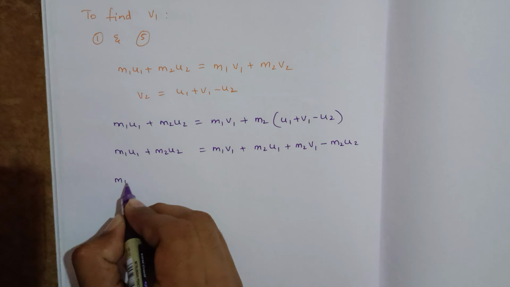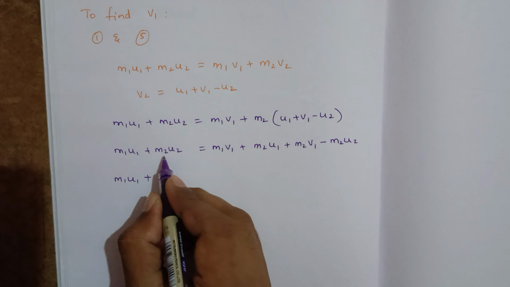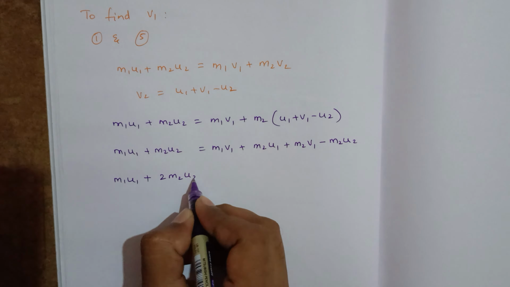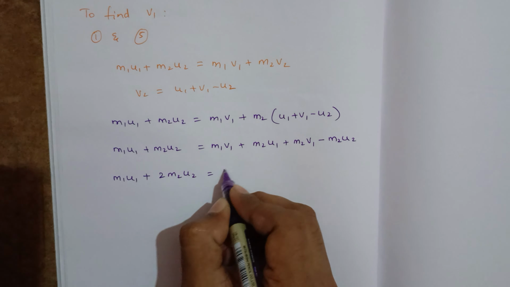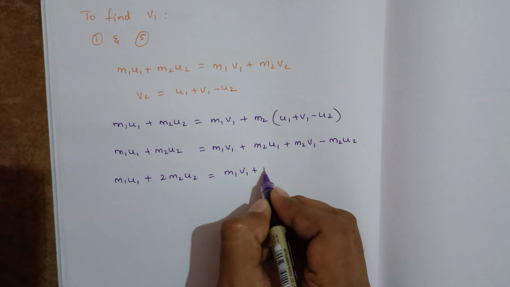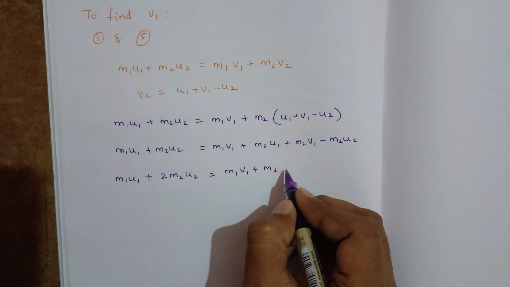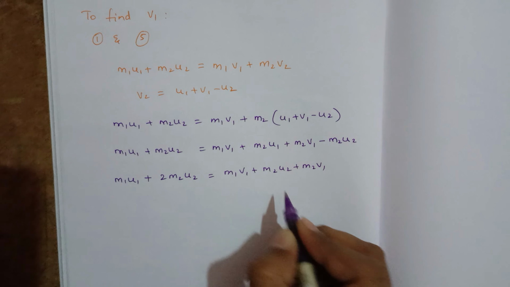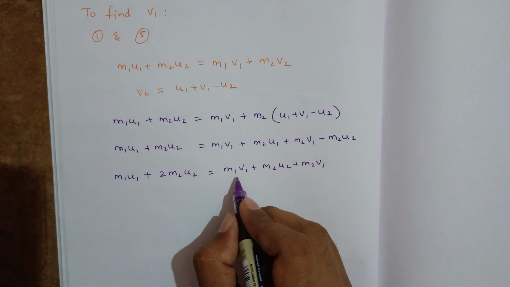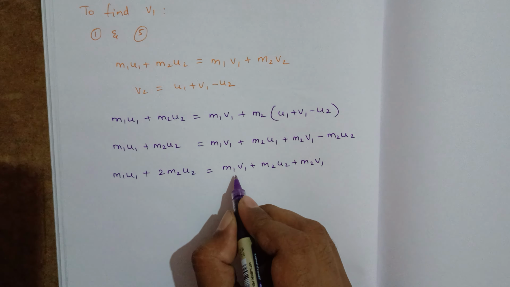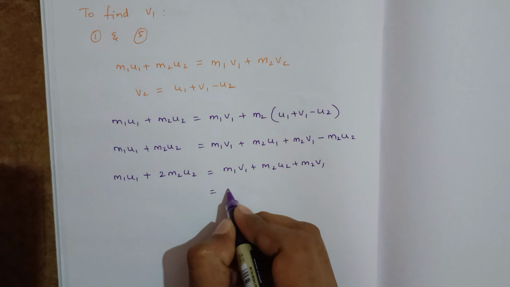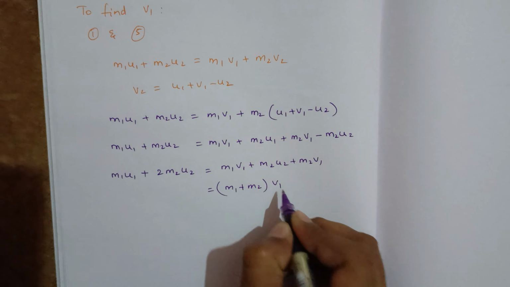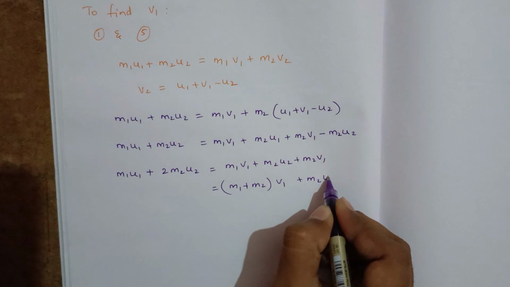So we can write m1 u1 plus m2 u2 plus m2 u2, that is 2m2 u2, equal to m1 v1 plus m2 u2 plus m2 v1. Here v1 is there, here also v1 is there, so we can take common (m1 plus m2) into v1 plus m2 u2.